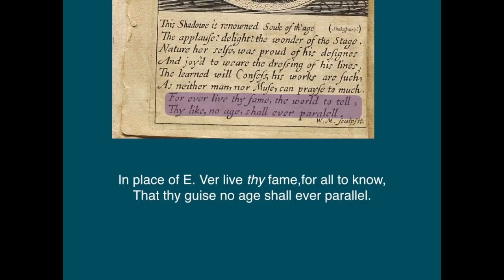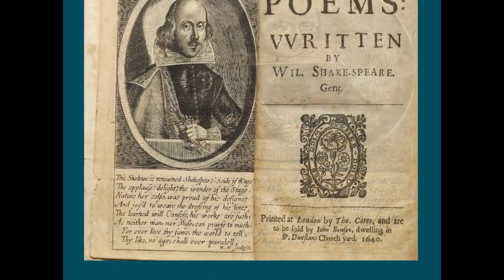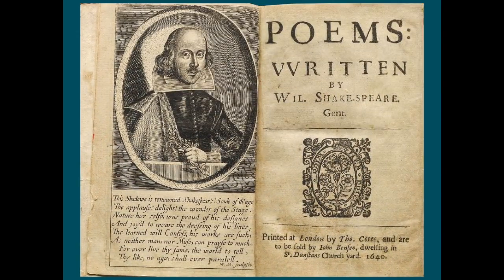In other words, the last two lines are not praising Shakespeare, they are being rude about the Ben Jonson Droeshout composite picture above, and saying that that then is how Shakespeare will be remembered in place of, instead of, "e vir."